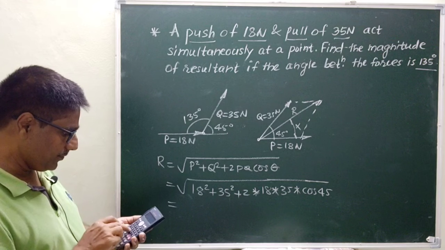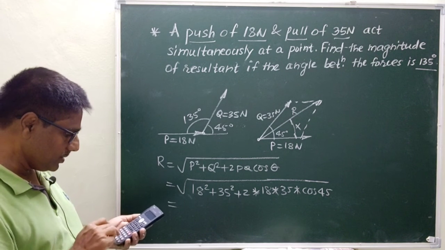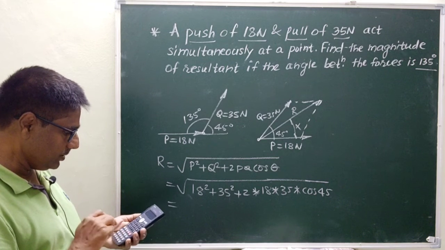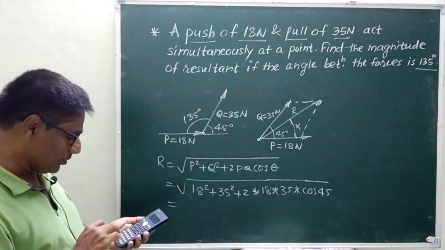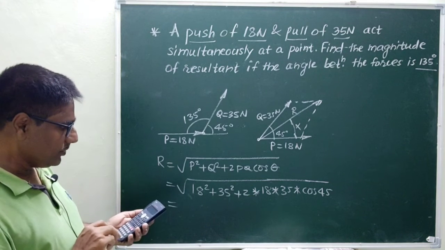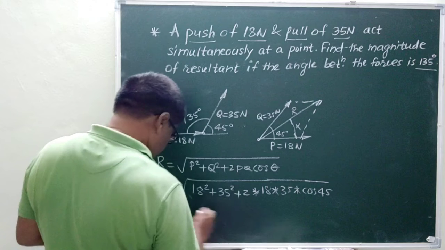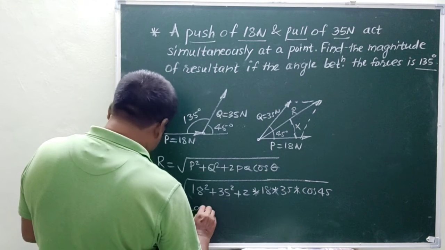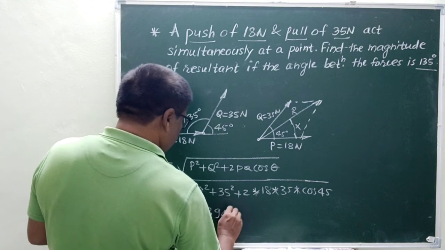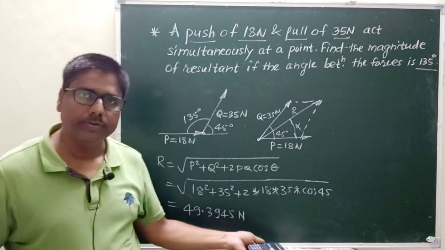Root of 18 square plus 35 square plus 2 into 18 into 35 into cos 45 is 0.707 is equal to, we are getting 49.3945 newtons. Now let's find the direction of resultant.